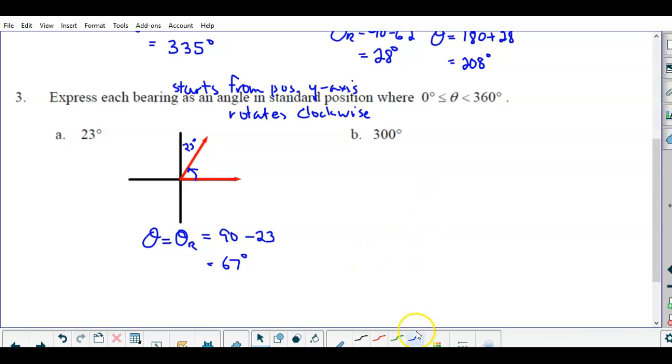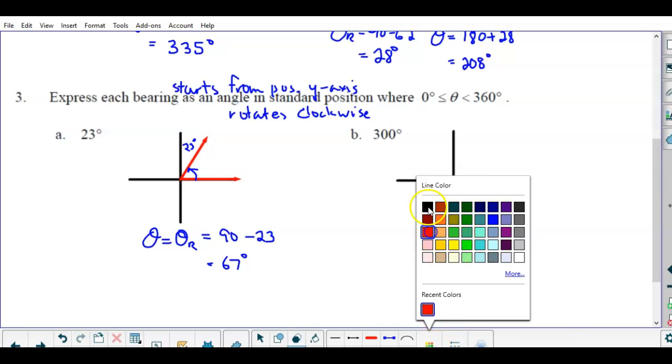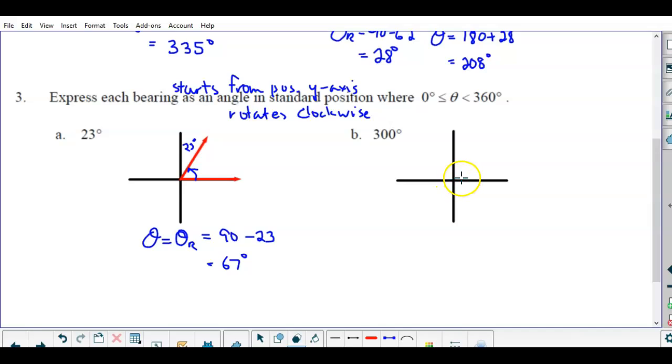Okay, then the next one, same thing. Okay, so 300 degrees. Well, from a bearing of 300 degrees, if I draw this, that's where it starts, and then you have to rotate that 300 degrees.